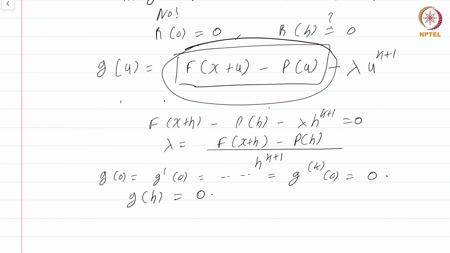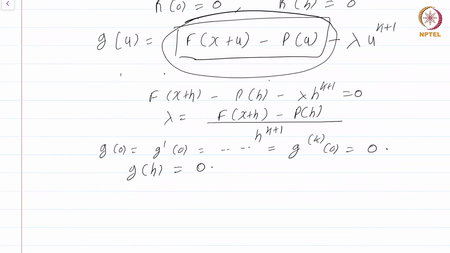Now applying Rolle's theorem, we get a point theta 1. Again, I'm going to assume that h is greater than 0 for convenience. Analogous arguments will hold when h is less than 0. There is a theta 1 in the open interval 0h such that g prime of theta 1 is 0.